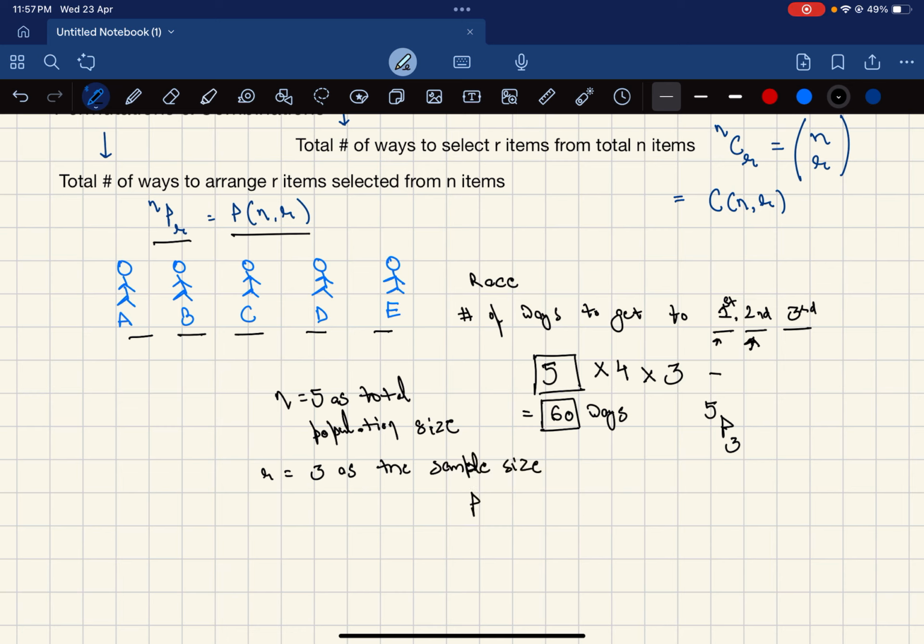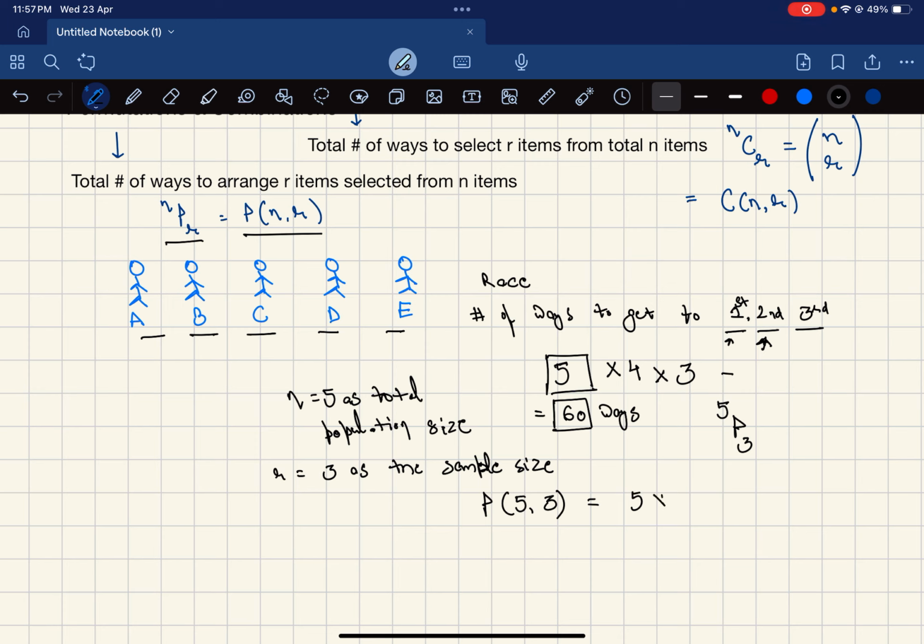Now we are writing the permutations of 5 and 3 as 5 multiplied by 4 multiplied by 3. So basically there are 3 terms because the sample size is 3 here.